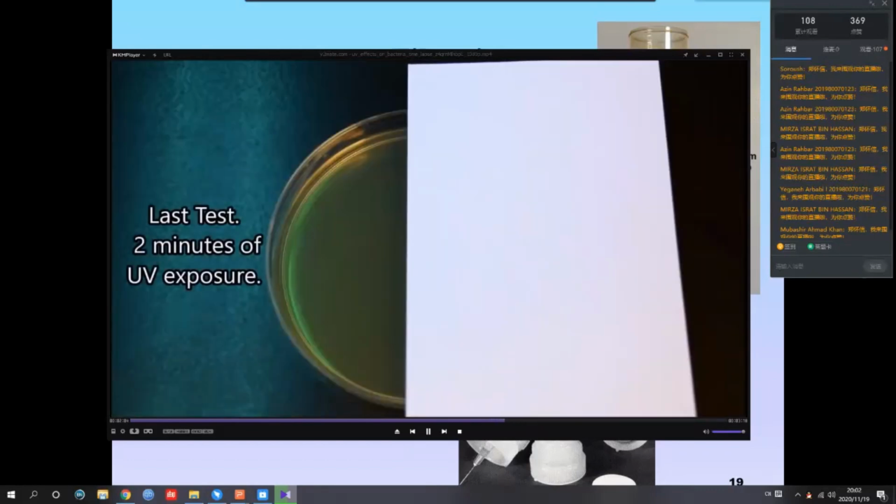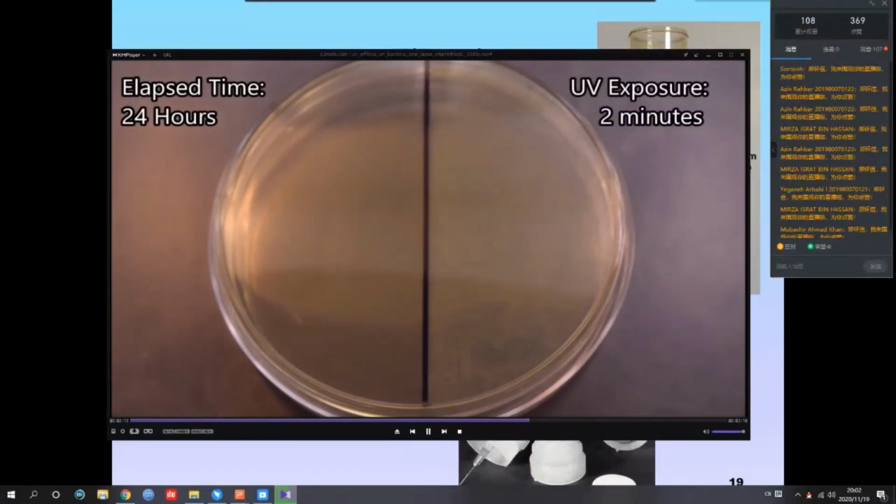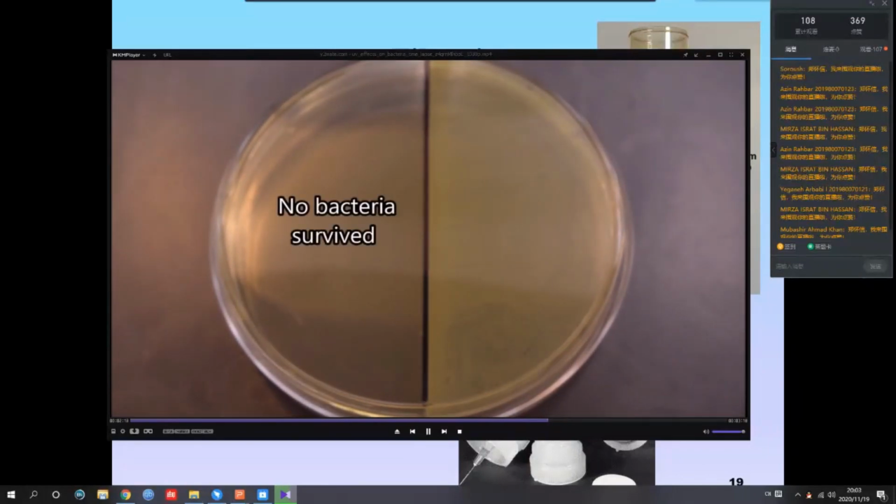And if you expose to UV light for 2 minutes, this time no bacteria survived. So 2 minutes of UV light exposure can kill all the bacteria on the left side.